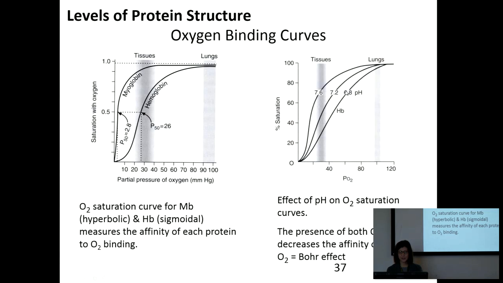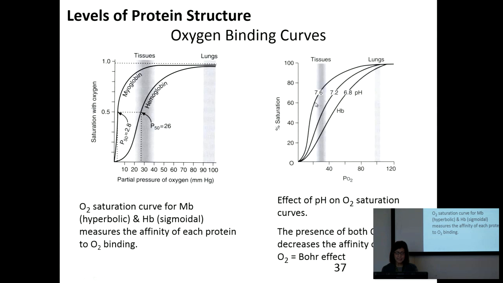What happens as we increase pH? Does it make it harder to bind or easier to bind? 7.6 is higher, so we get more binding. So let's look at 60%. We only need 20 millimeters of mercury to get 60% saturation, where at 6.8, we need almost 50 millimeters of mercury of oxygen in order to get 60% saturation.